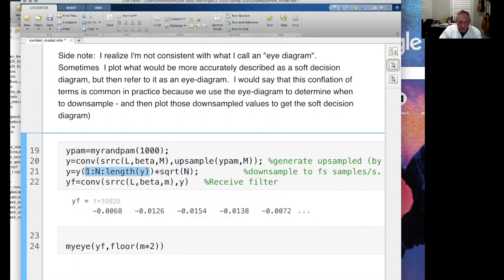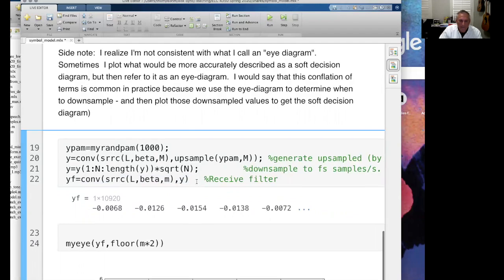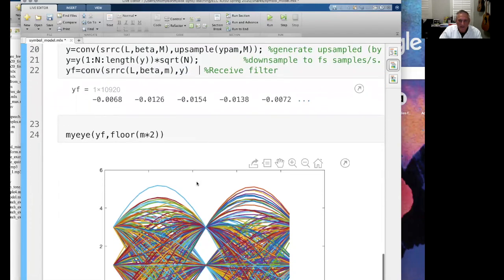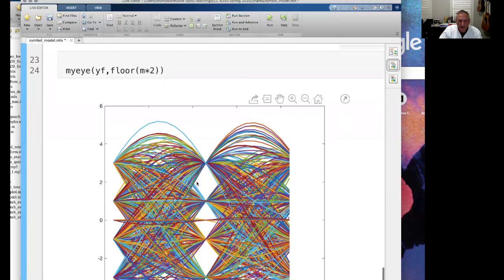I put it all in one line. I'm starting to get good at MATLAB, right? Take a look at that. Next, we do receive filtering. Notice I didn't do the flip left-right to do the receive filtering, because square root raised cosine pulses are symmetric to a flip, so we don't need to do that step. From here, I've generated an eye diagram.